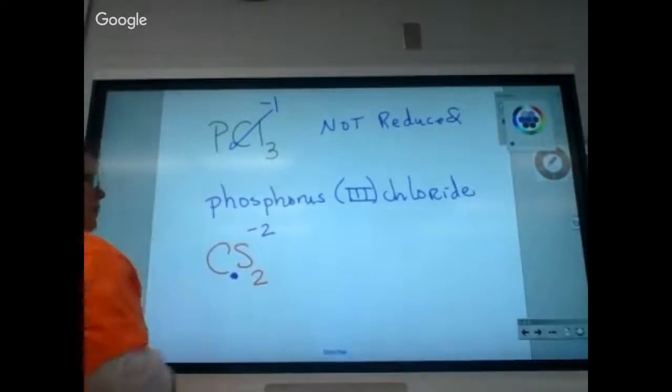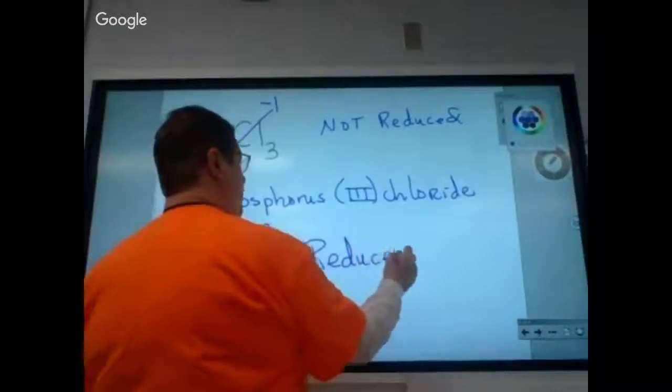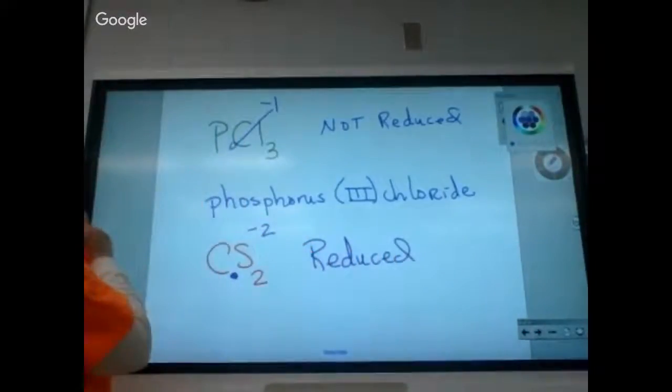And is it right there? No. So this one was reduced. So you need the original formula. So what's the original formula?